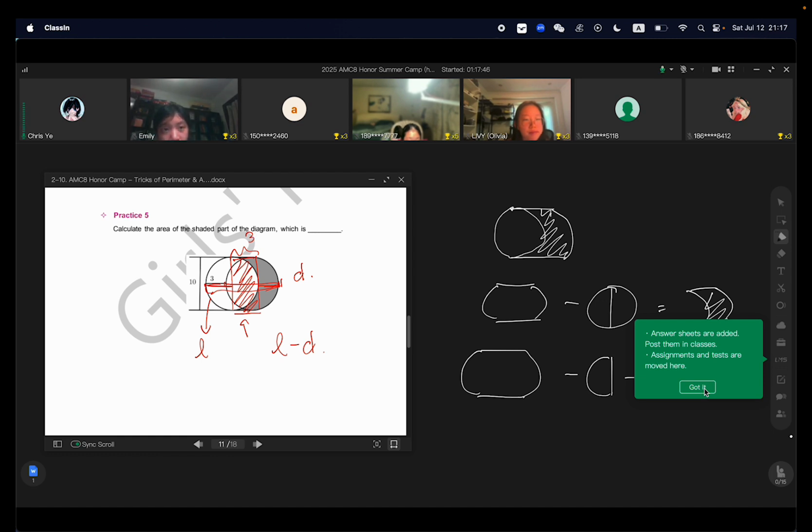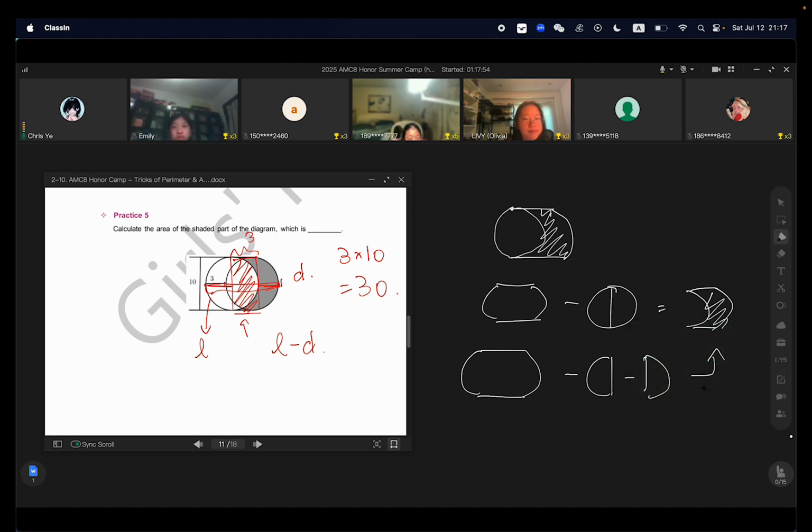So the area of the shaded part will be 3 times 10 equals 30. And that's what we get via substitution.